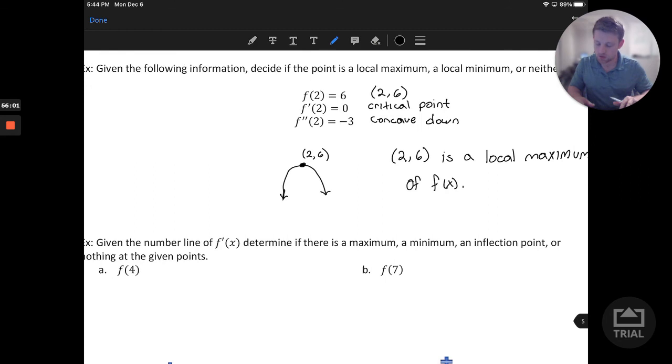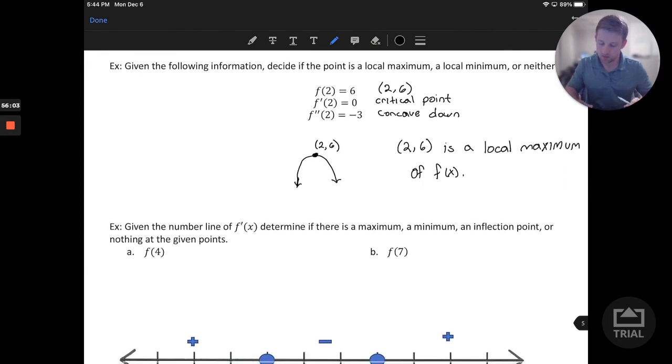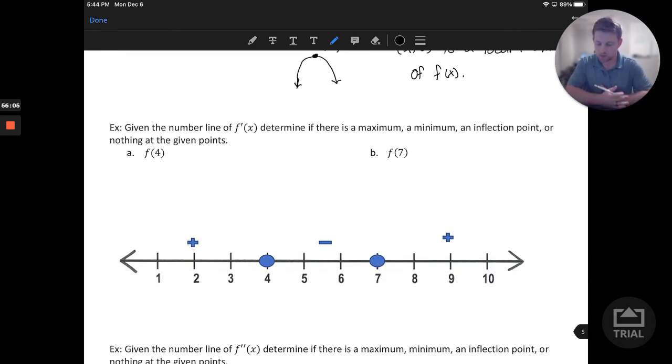Now to finish up, we'll take a look at a derivative graph. We want to do a similar thing just by looking at a derivative graph. The values on the top of this number line indicate the value of the derivative, f prime of x, over those intervals.